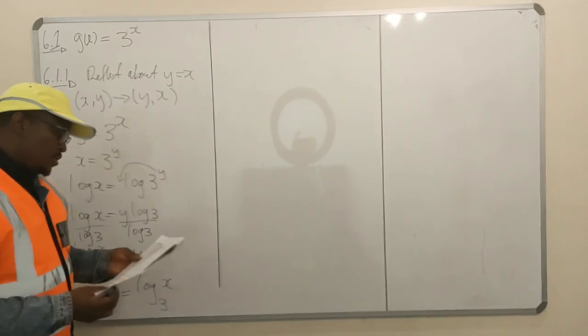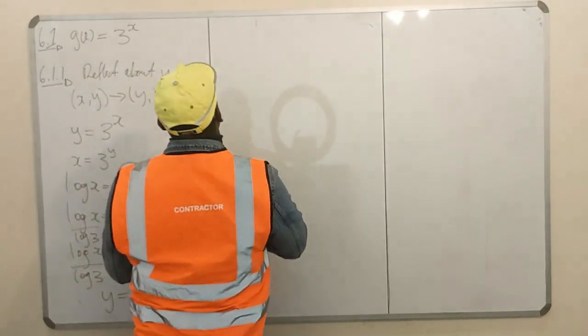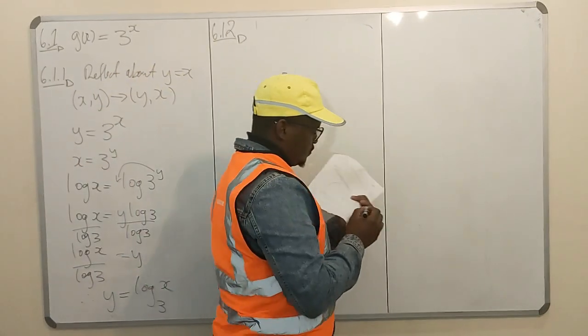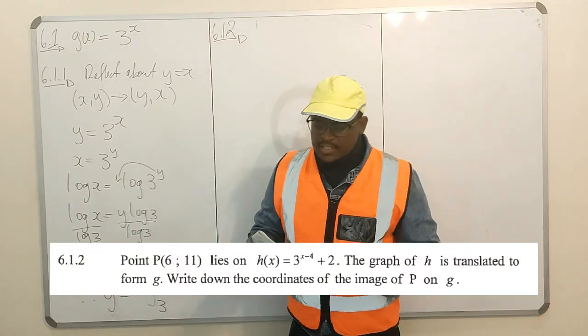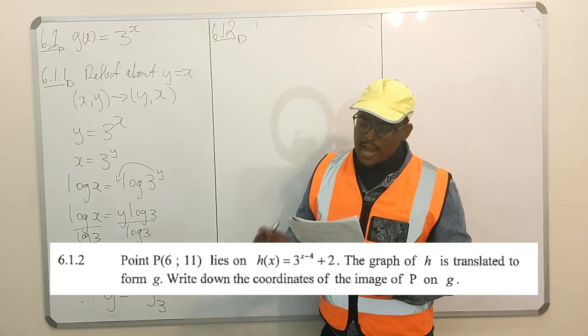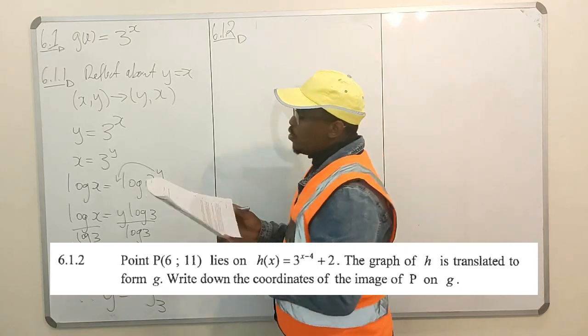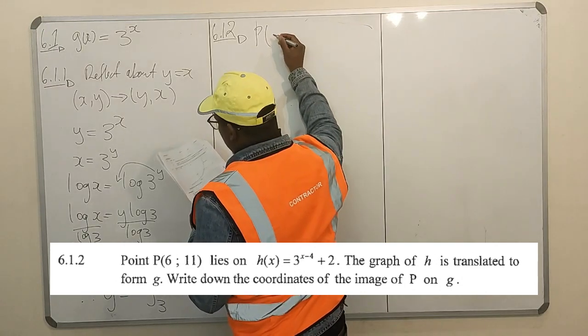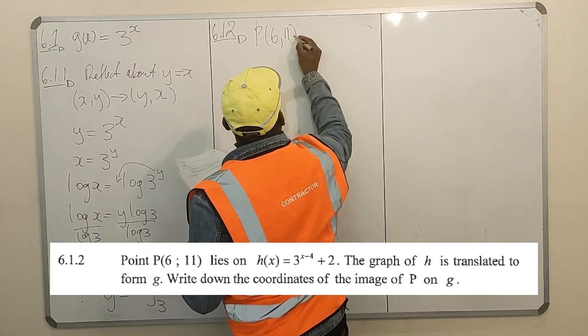Let's move to 6.1.2. A point P lies on this function. So we have a point P, which has the coordinates 6 and 11.